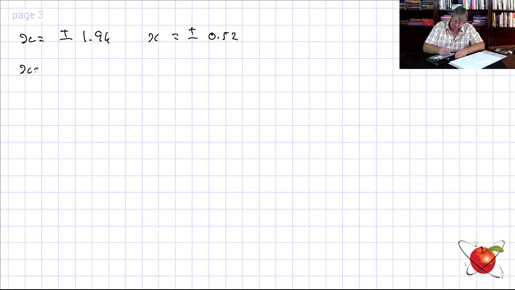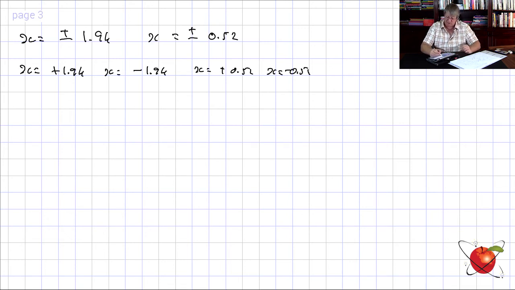We've got x equal to plus 1.94, x equal to minus 1.94, x equal to plus 0.52, and x equals minus 0.52. In other words, we've got x 1, 2, 3, and 4. Just put that neater.